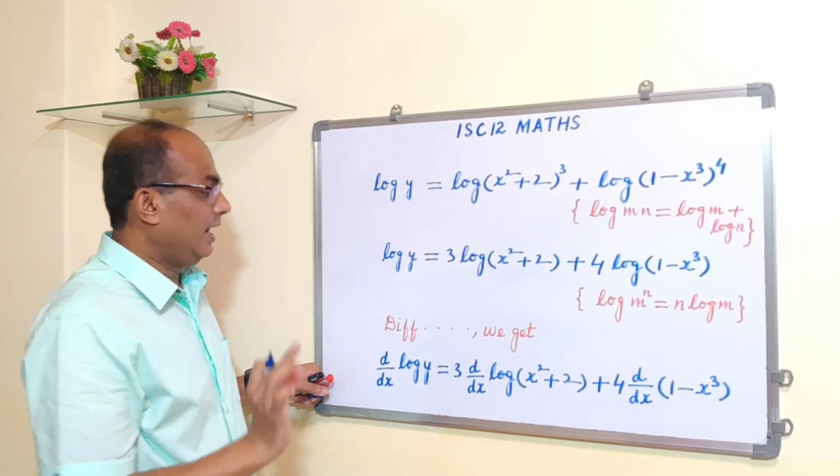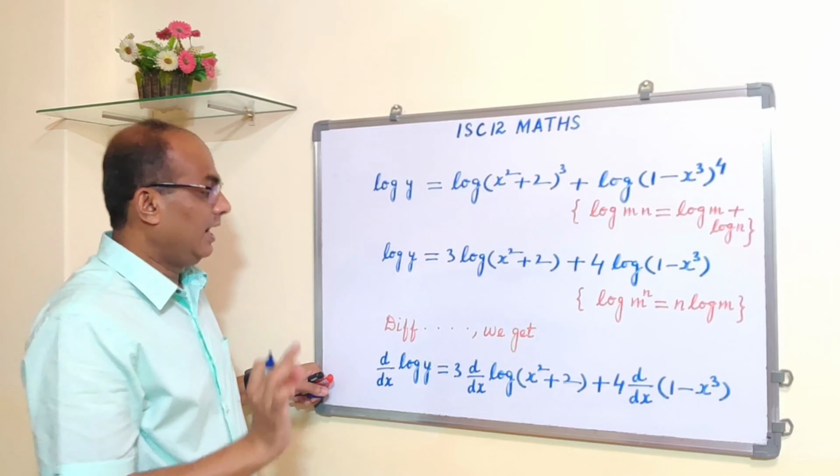Fine. 1 minus x cube, but it is not x, it is 1 minus x cube, so we once again differentiate it. That's the chain rule. When we differentiate, the derivative of 1 is 0 and that of x cube is 3x square with minus sign, so minus 3x square.